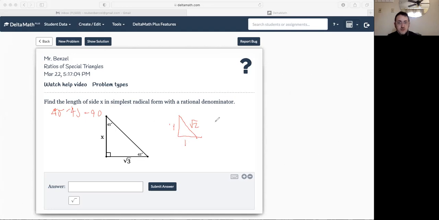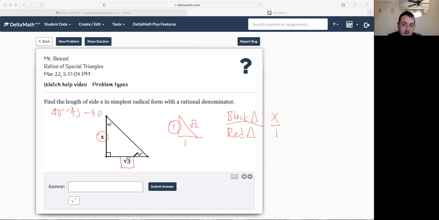So what I'm going to do is compare the black triangle with the red triangle. I'm just going to do black over red, and I need to solve for x, and the side from the black triangle that matches with the red triangle is 1. So that creates a ratio, and I used a circle to designate those corresponding sides.